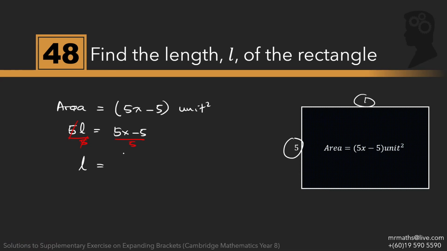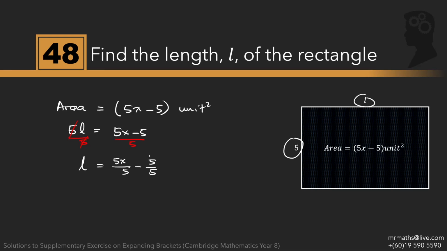How do we perform division here? We have a two-term expression divided by a number. When we do this type of division, we need to divide them separately. 5x divided by 5 minus 5 divided by 5.